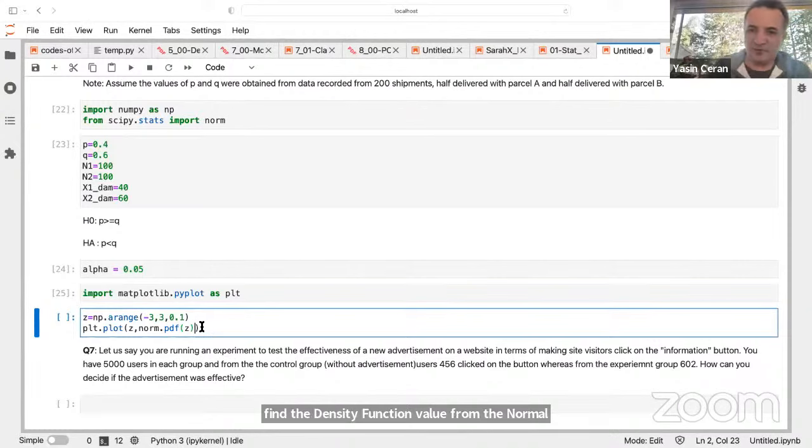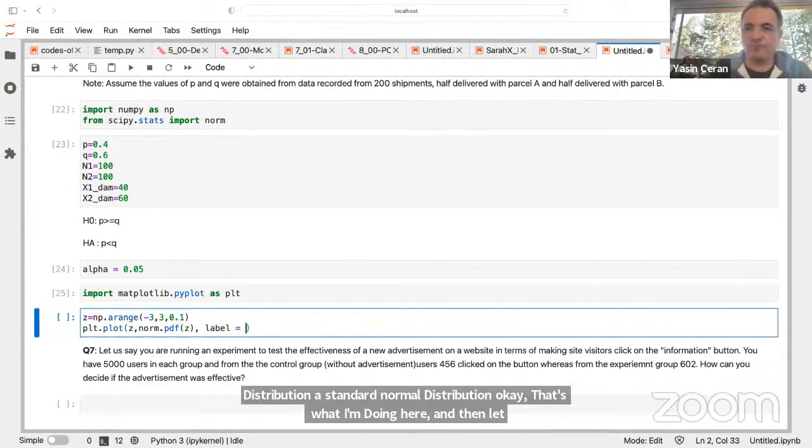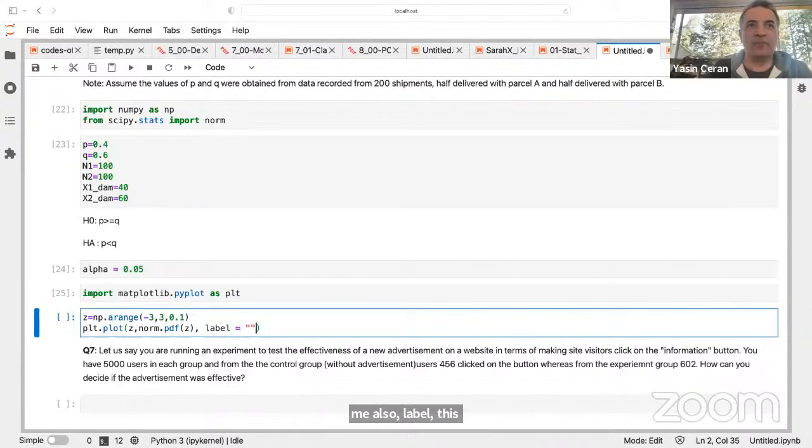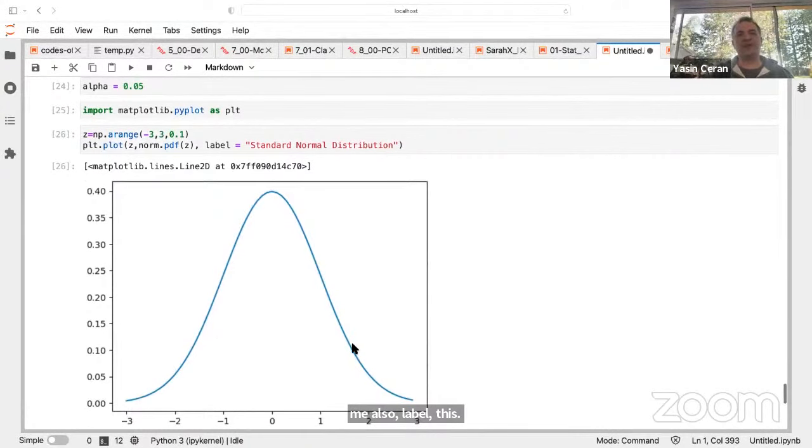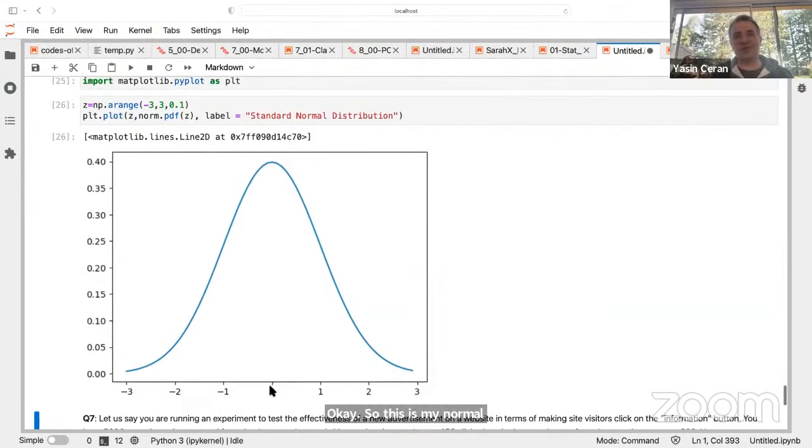Let me also label this. Okay, so this is my standard normal distribution with a mean of 0 and a standard deviation of 1. Again, the numbers are changing from -3 to 3.